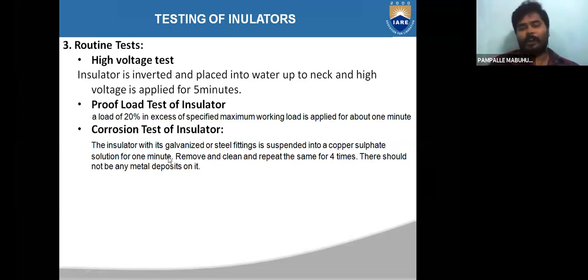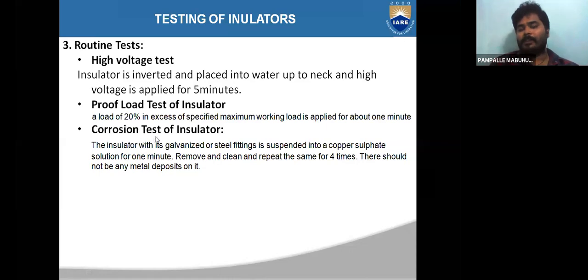So for corrosion test, the insulator has to be dipped in the copper sulfate solution for 1 minute. Then after 1 minute, you have to remove the insulator and clean the insulator. Then again you place the insulator into the copper sulfate solution. Like this, you have to do the procedure 4 times.